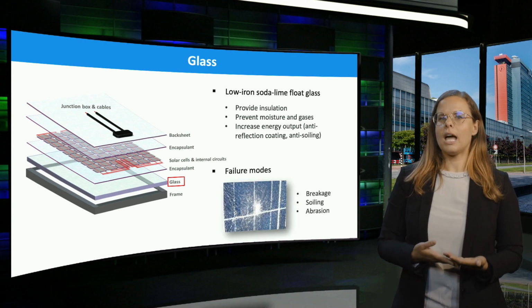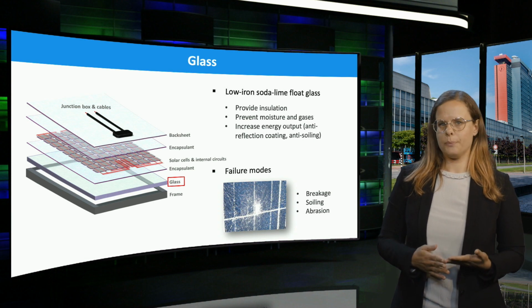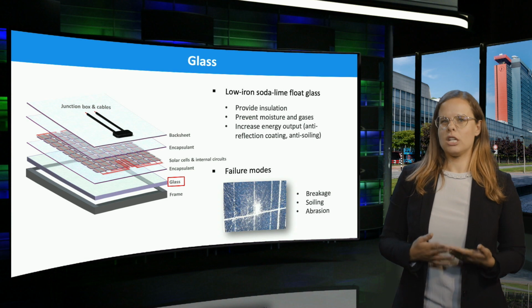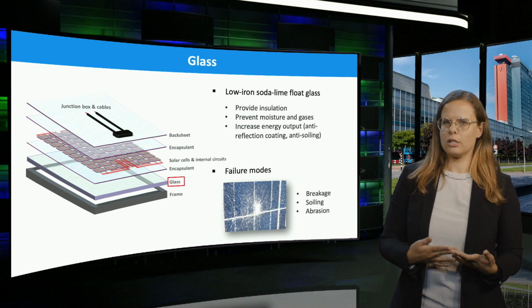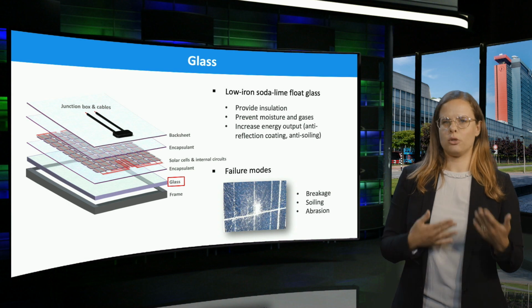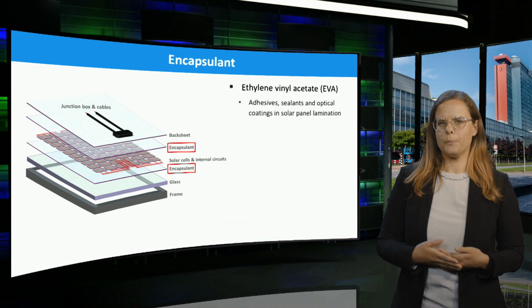Failure modes of glass can be breakage, soiling, or abrasion. Glass breakage is found to account for up to a third of module failures, which may occur during transportation, installation, and operation of the PV module.